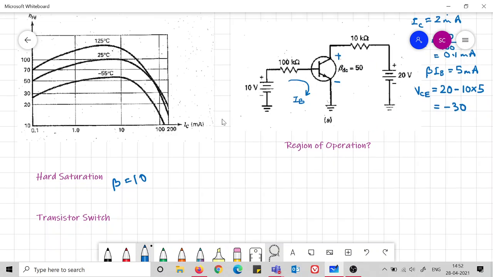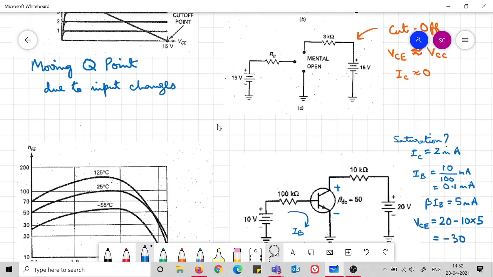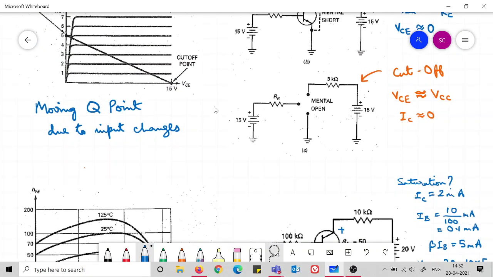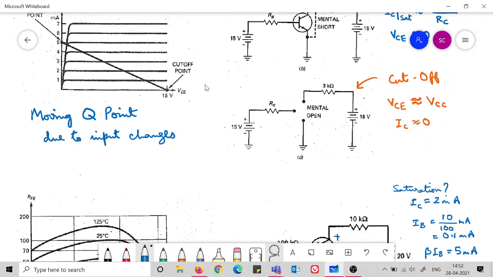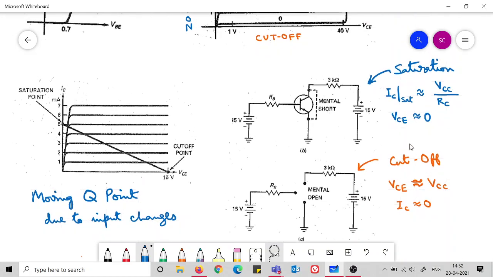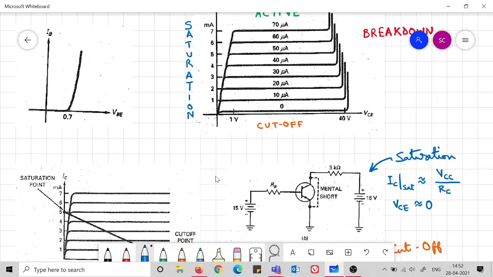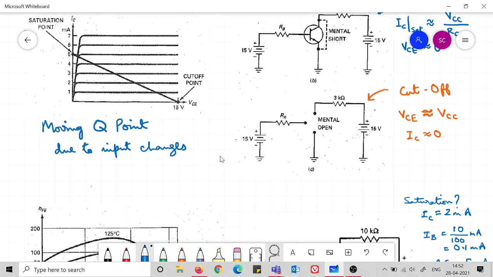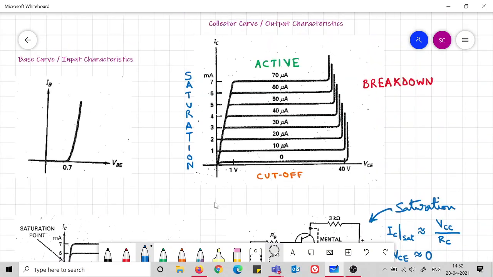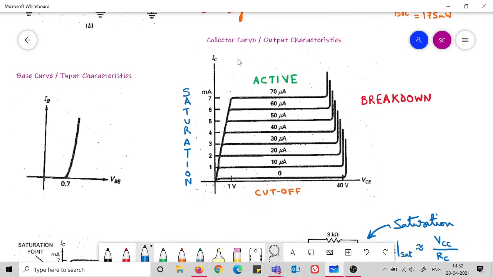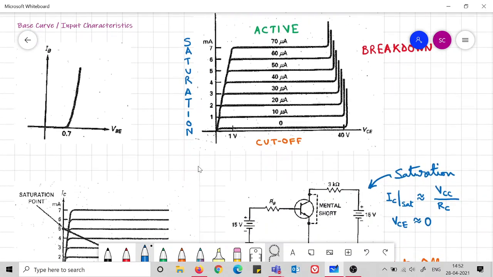This sort of thing you should be very familiar with now. How to understand whether it is in saturation or active, how to get the saturation and cutoff Q points. So these are the various points, and the output characteristic, the collector curve, is a very important curve.